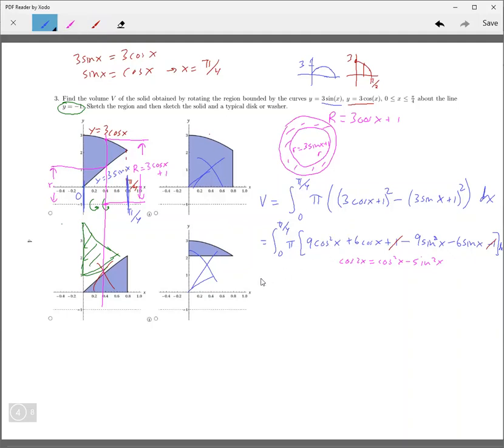That means that these two pieces combine to give us 9 cosine 2x, not cosine squared, but cosine 2x. Then we have plus 6 cosine x minus 6 sine x. Okay, great. Now we can integrate that. That's not too bad, I think.